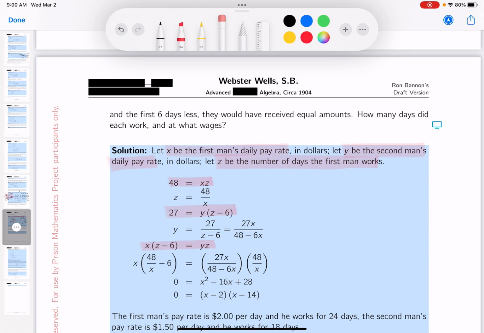Let's take a look. And as I do that, I'm going to simplify. And let's do one thing at a time.